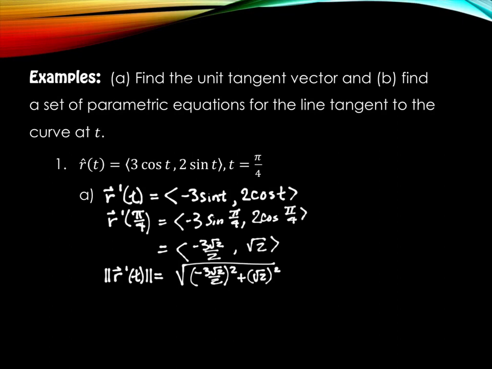The first piece ends up giving me 9 over 2, and the second piece is actually 2. If we find a common denominator, add the numerators and so forth, we'll end up getting the square root of 13 over 2, or rationalized, it's the square root of 26 over 2, not under the radical.